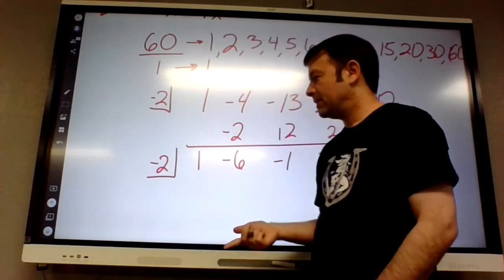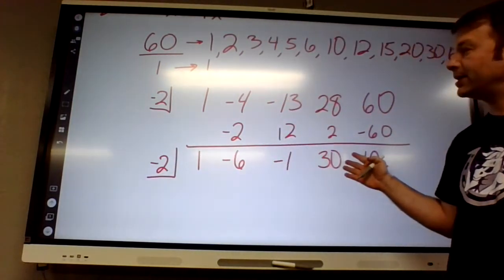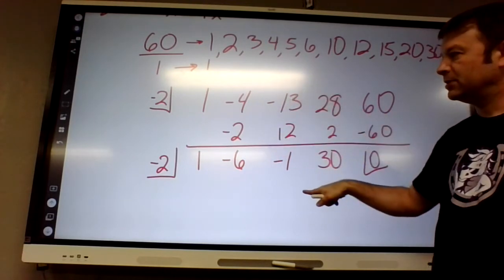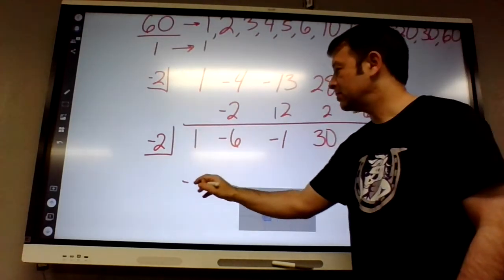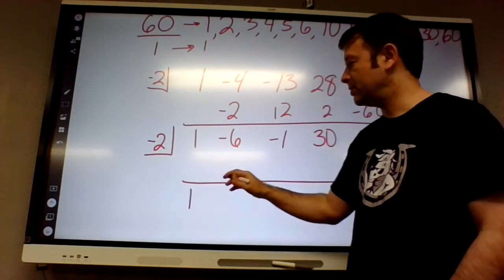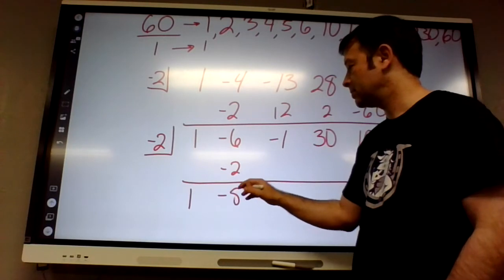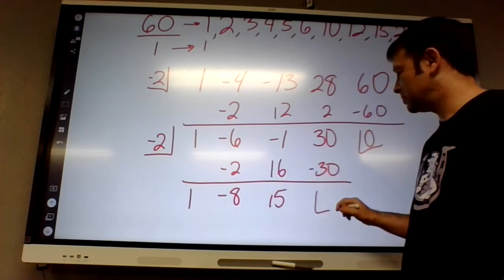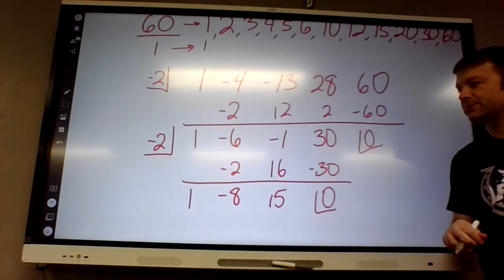So I'm going to see if -2 goes into this again, and I'm using my leftover from this stuff. So add down, multiply up. Yeah, -2 works twice.